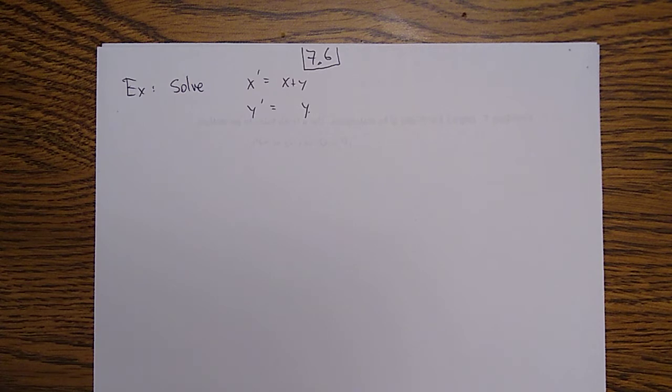What happens when the geometric multiplicity is less than the algebraic multiplicity? So maybe you have an eigenvalue of multiplicity 2, but the eigenspace is only dimension 1. So that's what we're going to talk about.